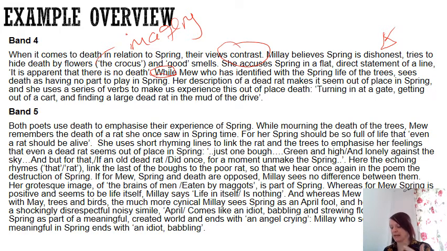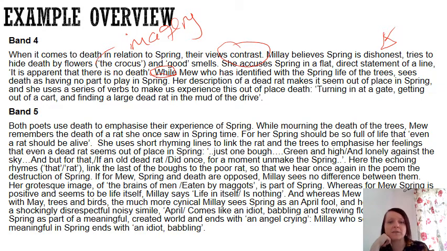So again, looking at the idea that similarly to the trees, all creatures are deserved of a lively spring and should be mourned, and that the rat stands as representative for all living things who are possibly taken for granted and whose death is disregarded, is quite possibly what the poet wanted us to consider and think about, okay?